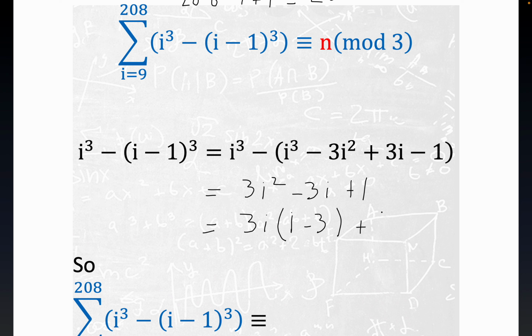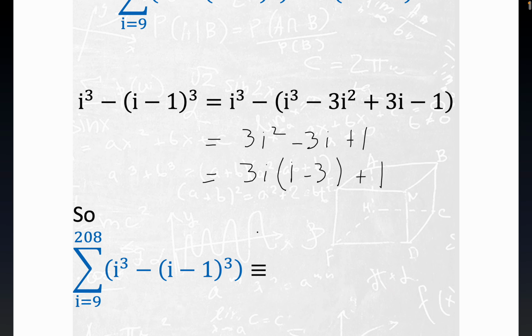But what we have here is a multiple of 3 plus 1, right? So that means the summand is just equal to a multiple of 3 plus 1. So that means it's going to be congruent to the same summation, except we can just replace this entire difference with 1.